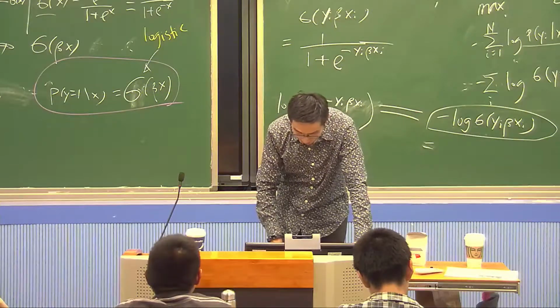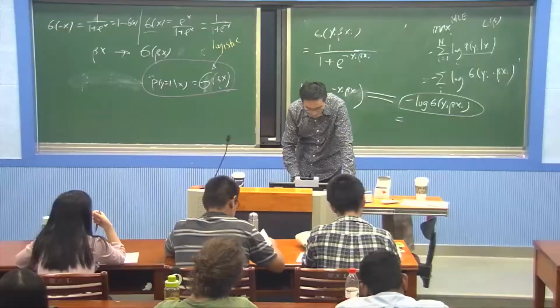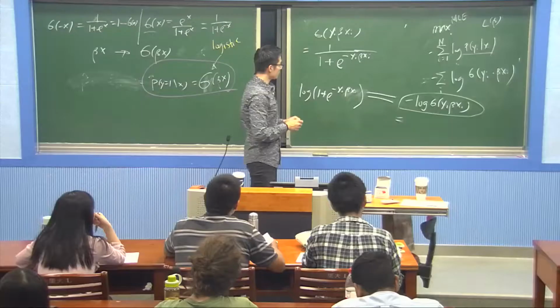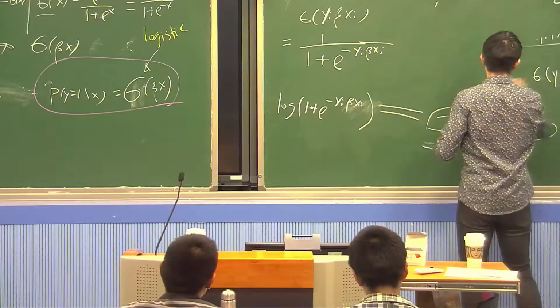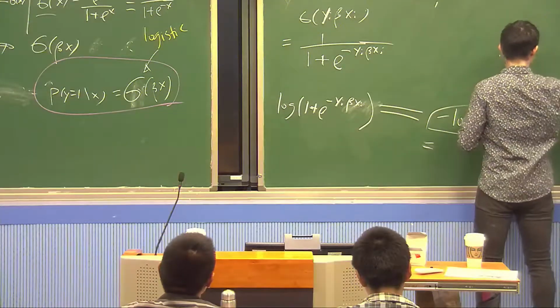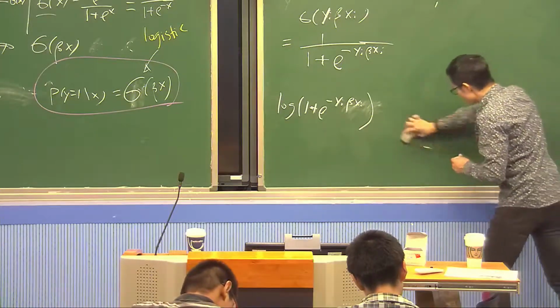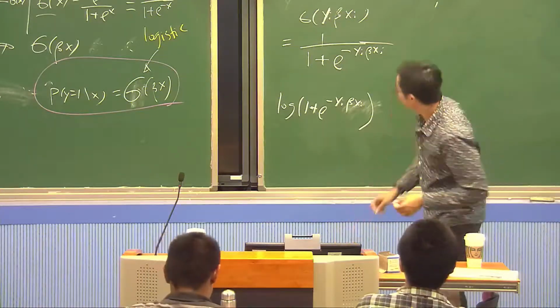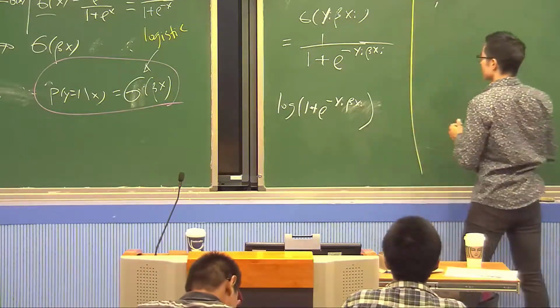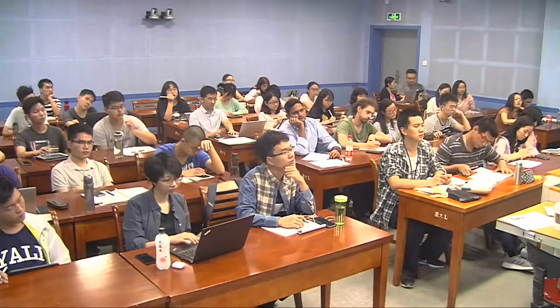So that brings us to the next point. We can think about logistic regression as this. This is our loss function for logistic regression when y is plus 1 minus 1. So I can think about logistic regression essentially as a model.